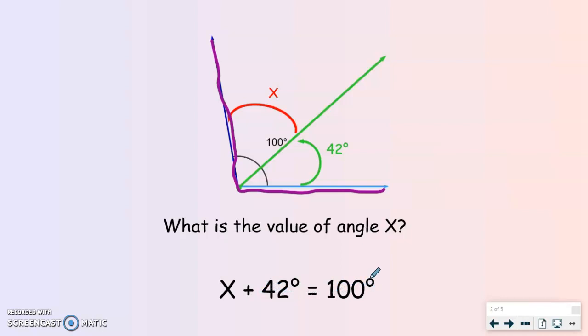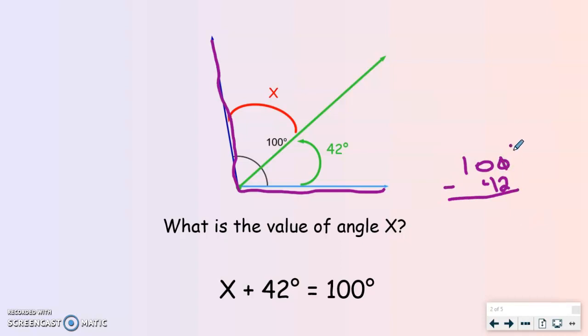So what's an easy way for us to figure out what x would be? Right, we can do the opposite operation and we can subtract. So if we take 100 and take away the angle that we already know, the 42 degrees, then what we have left over will be our x.